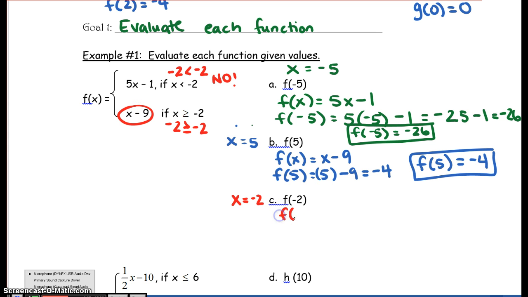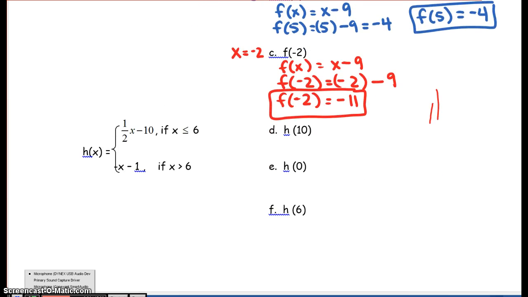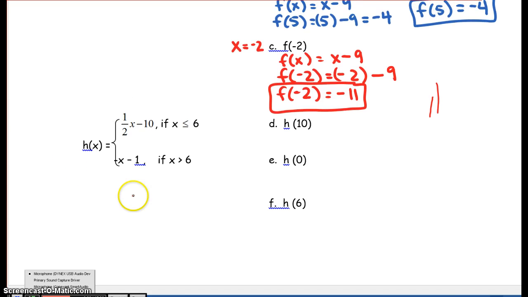So f of x equals x minus 9. But x is negative 2, so we replace that, and I like to put parentheses, minus 9. So f of negative 2 equals negative 2 minus 9, which is negative 11. Here is our final answer. Well done.